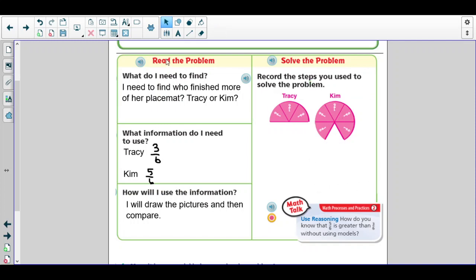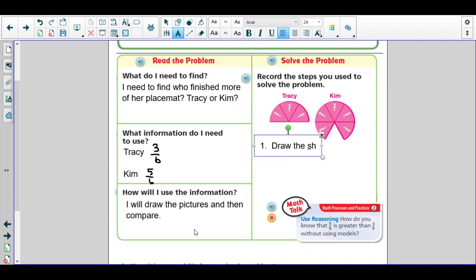And so then what were our steps? Well, first thing that we needed to do, draw the shapes, and then fill in the correct number of equal sets. And I think that's the most important thing.